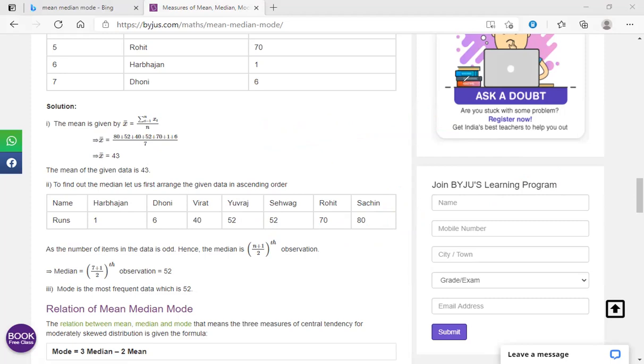To find the median, we have to know the total number of observations. Suppose the total number of observations is 100. Let us take the same example that we had taken earlier.